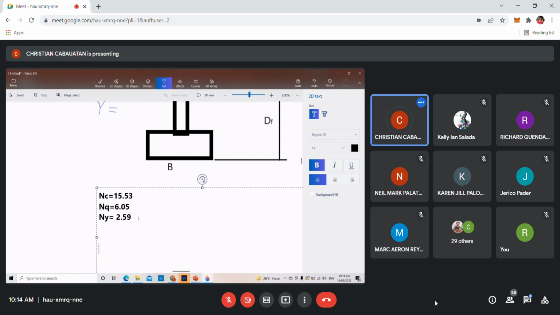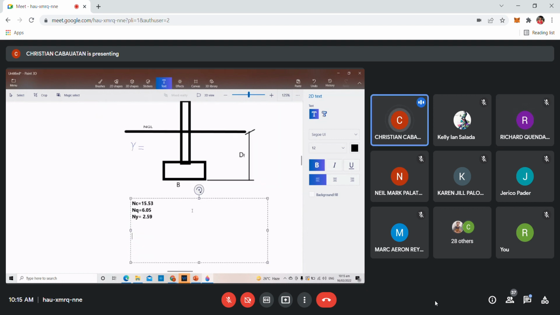Okay. So, ano yung magiging equation natin dito? We consider it as a local shear failure. And it is a square foundation. So, ano yung formula niya? 0.867, sir. May square foundation ba siya?